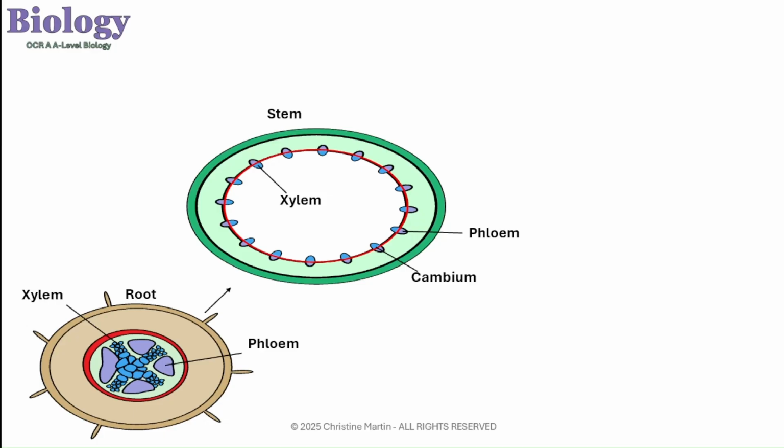Remember, the cambium, being meristem, is full of undifferentiated cells that have the capability of going through mitosis, dividing, producing daughter cells, and then those daughter cells differentiate into either the xylem or the phloem. The arrangement of the xylem and the phloem actually provides the strength and flexibility which helps the stem resist the bending force and remain upright.